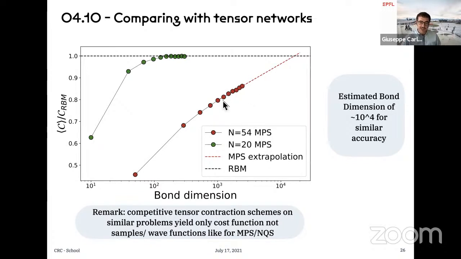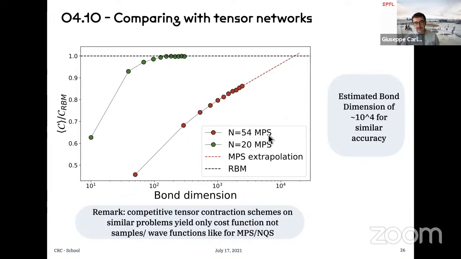For example, if you try to simulate the same circuit with an MPS at 54 qubits, we didn't do the simulation because we ran out of memory, but we estimated that the bond dimension you would need on the MPS is of the order of 10 to the 4 or more, which is significantly hard to achieve in realistic settings of a simulation even on a supercomputer.